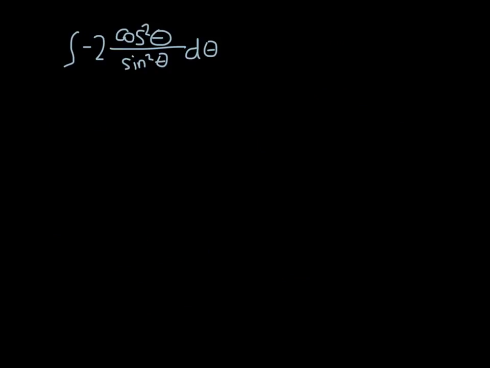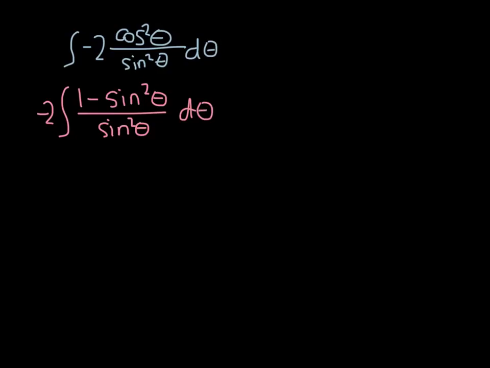From here, we have powers of sine and cosine again, except that both of them are even. So I'm just going to take out the negative 2, replace cosine squared with 1 minus sine squared on top. And what this allows me to do is break my integral up into two parts.